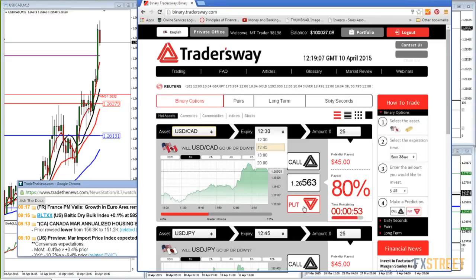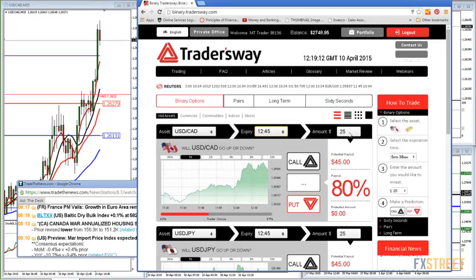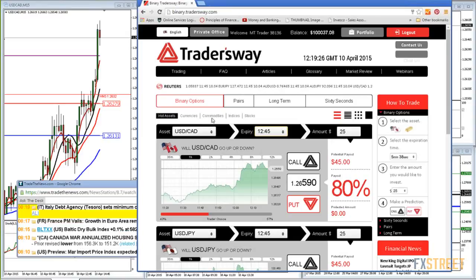Now, the minimum you can trade is $25, okay, with an 80% return. That might be too much for some people, but you can scalp. So somebody asked how I trade. Well, with binaries, I like to use binaries to hedge my long-term cash positions, but it's also a very fun way to scalp.